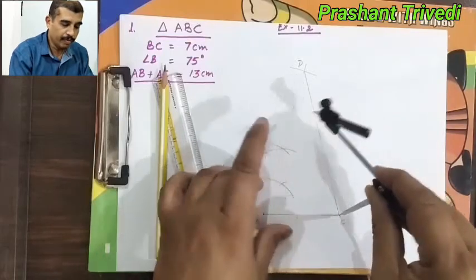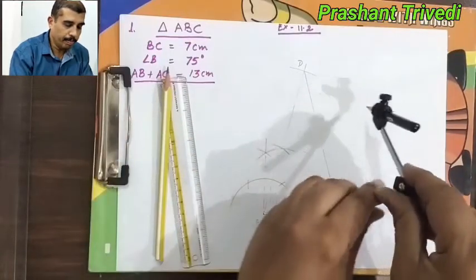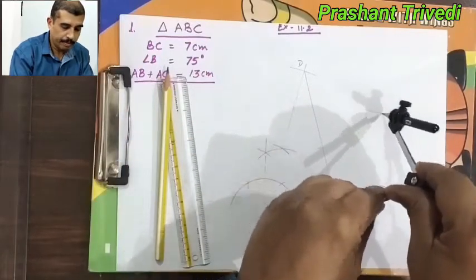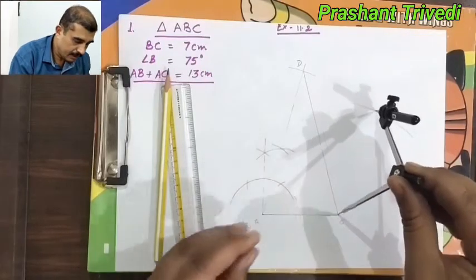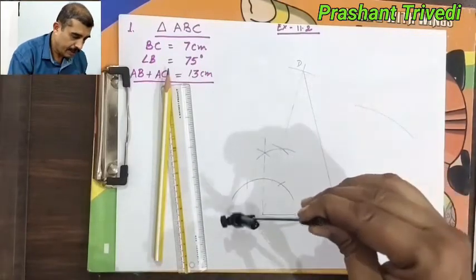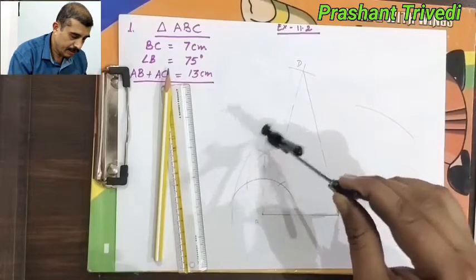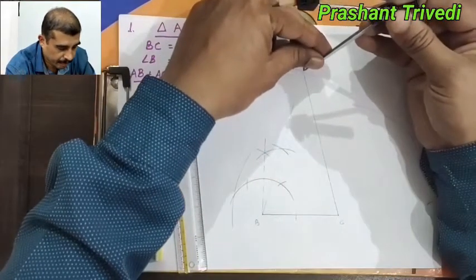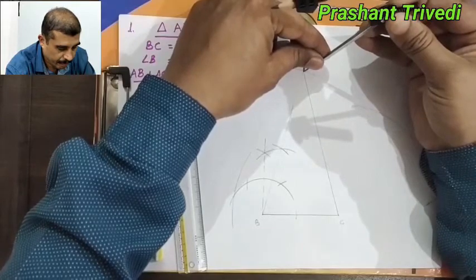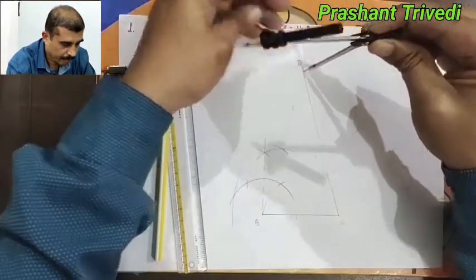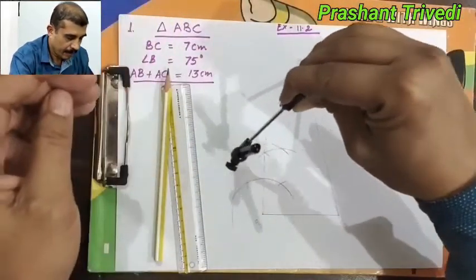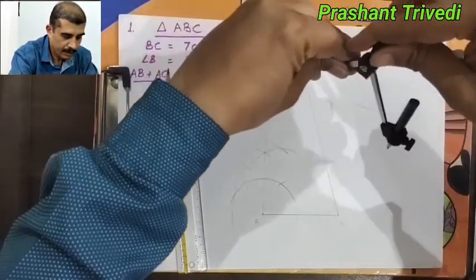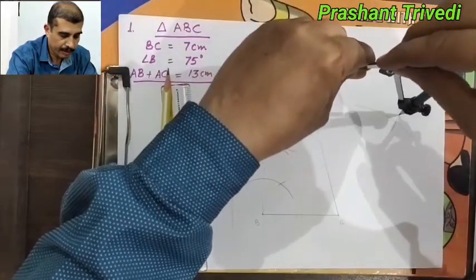More than half, at the top, at the bottom. Yes, perfect. Then from D, perfect.